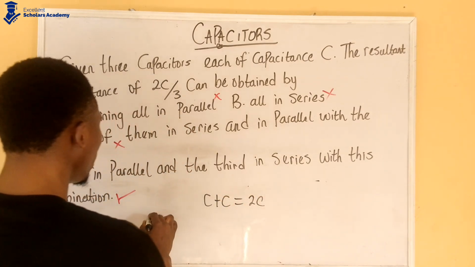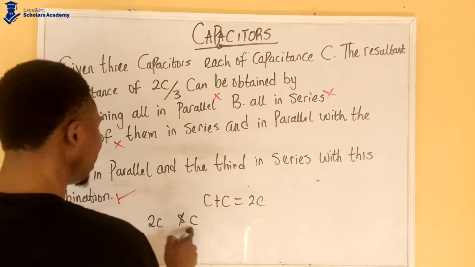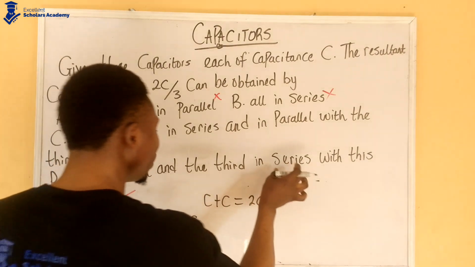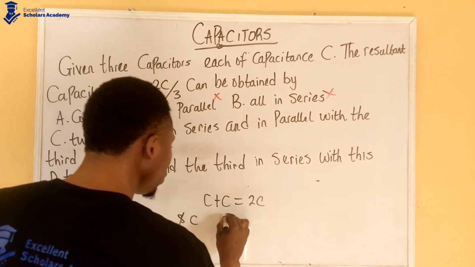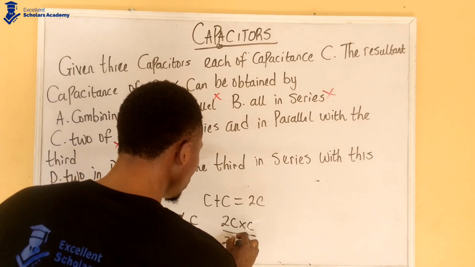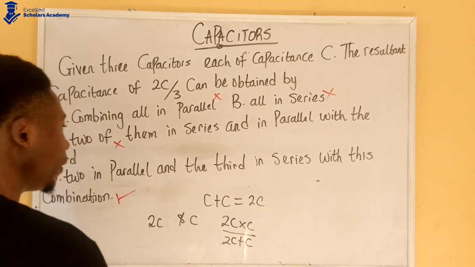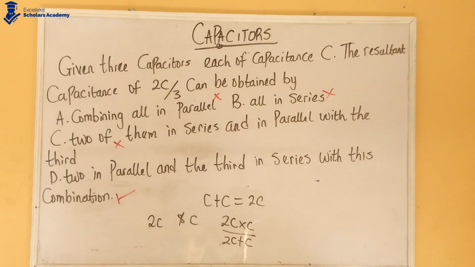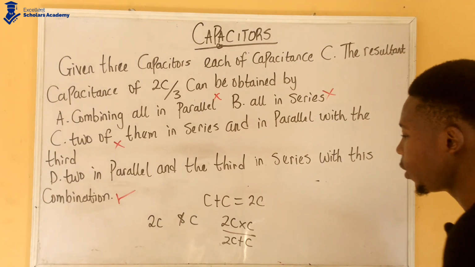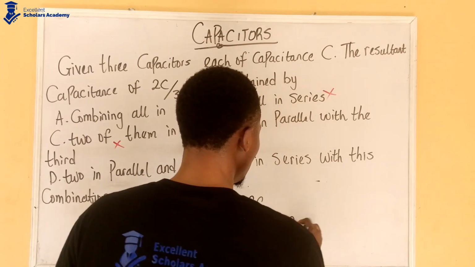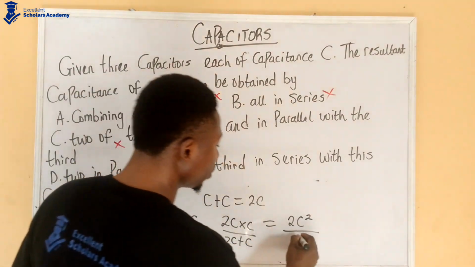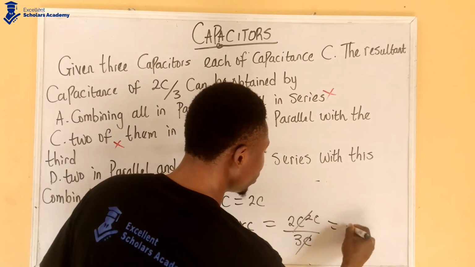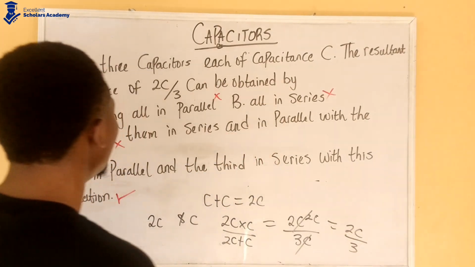So now you're going to have 2C and C. In this part, 2 in parallel and the third in series, so you have between this and this. So if you do 2C times C over 2C plus C, this is going to be 2C squared over 2C plus C, which is going to give us 3C. 1C takes away 1C here, you're left with C. So you are going to be left with 2C over 3, which is what we need.